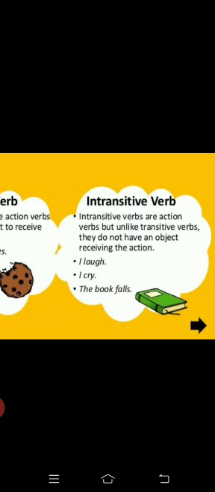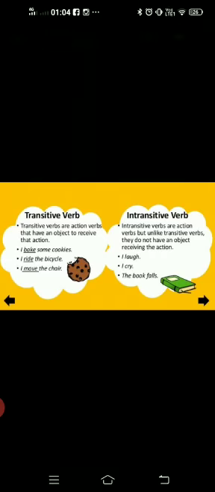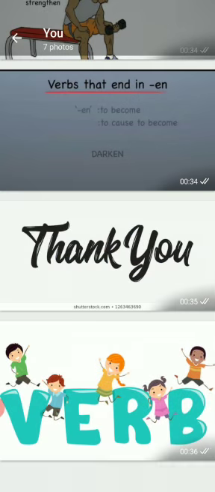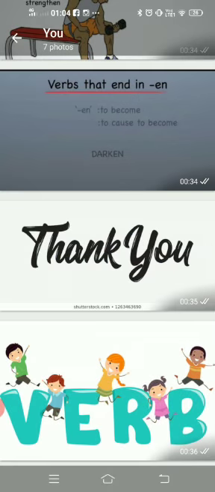Fine. Now we have a third type of verb, that is verbs of incomplete predication. In this we need a complement to complete the sentence.